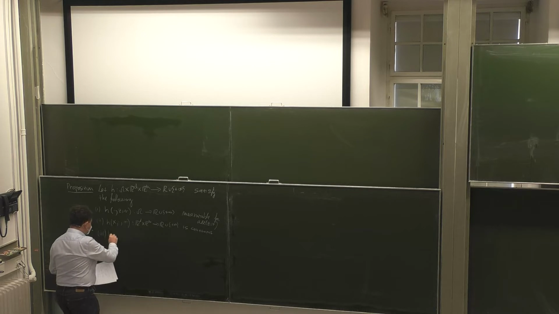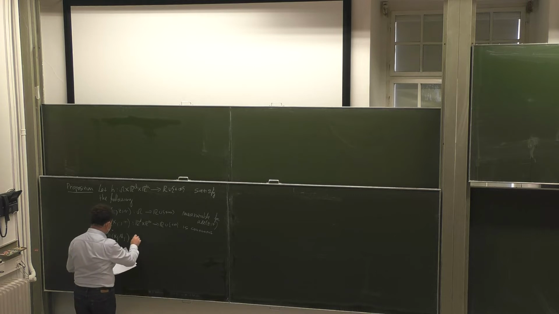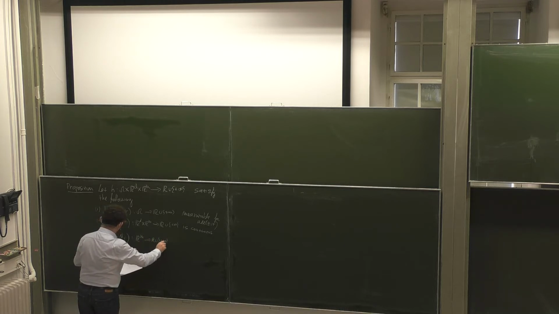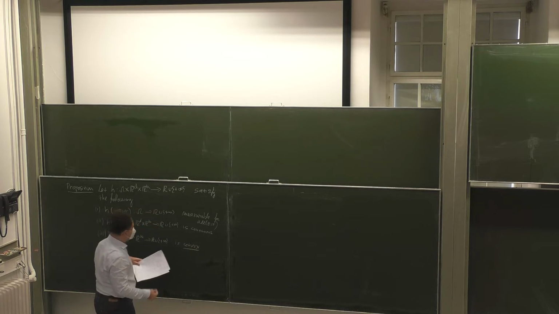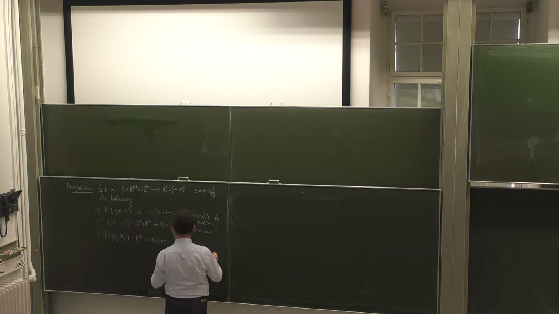And now if you take x and v, and you just look at it as a function of the last variable, so this goes from Rm to R, and I assume that this is convex in the last variable. And the continuity holds for almost every x.